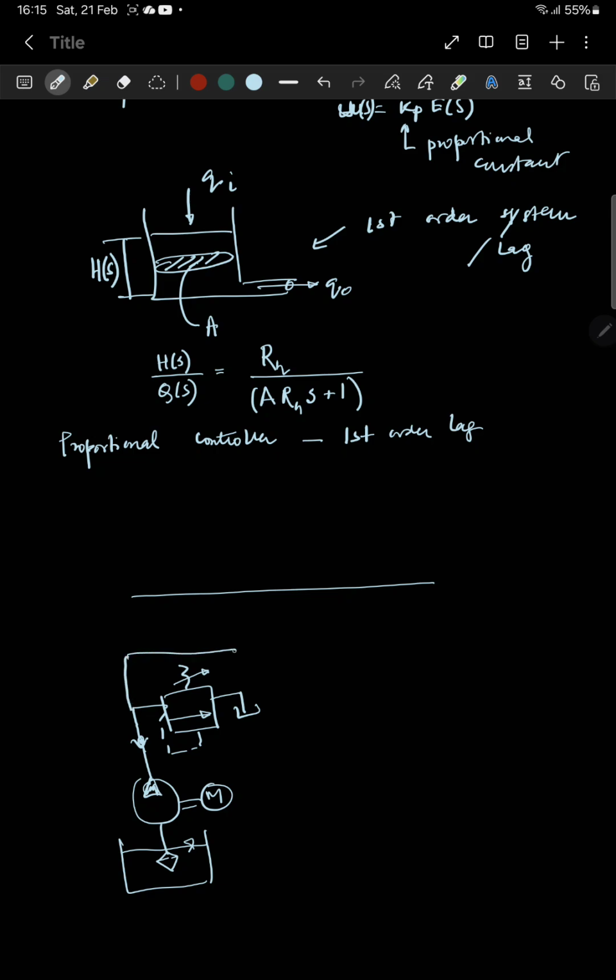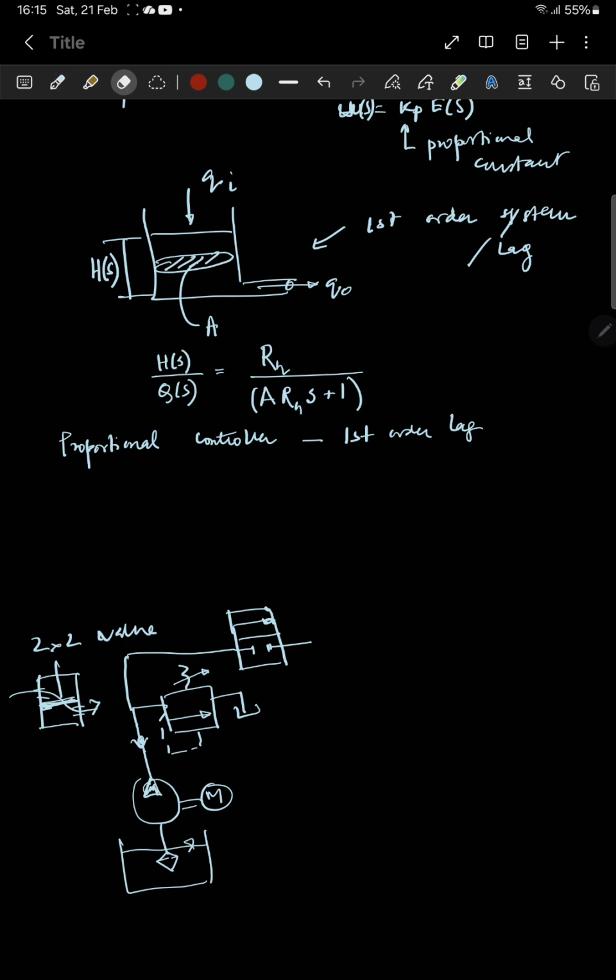From here it will be going to a valve, which is a 2x2 valve. It looks something like this. So if we push this, the flow will start.